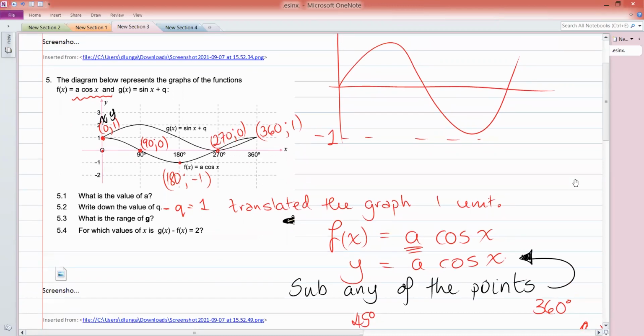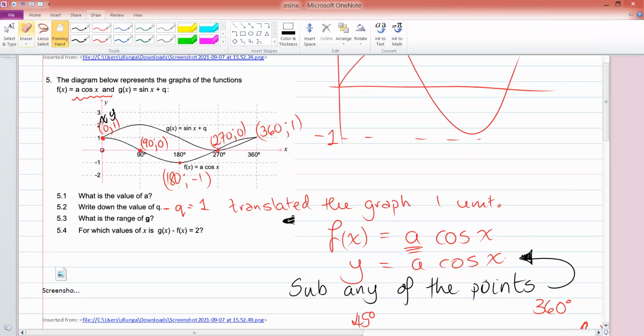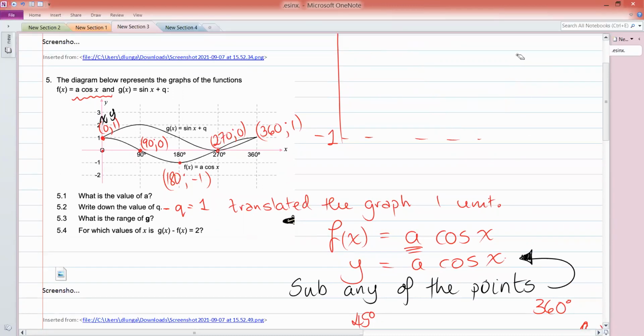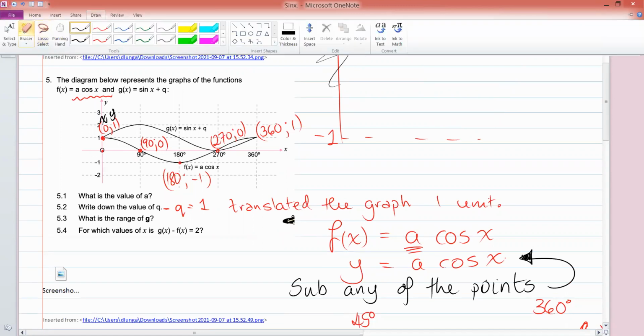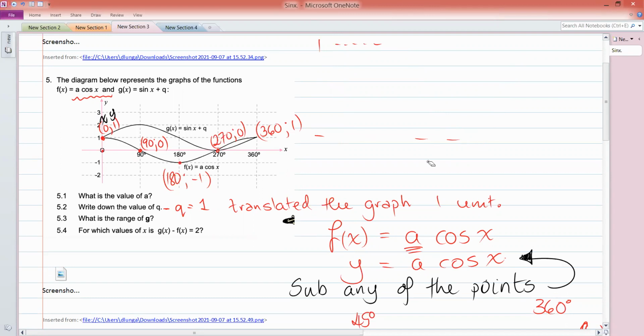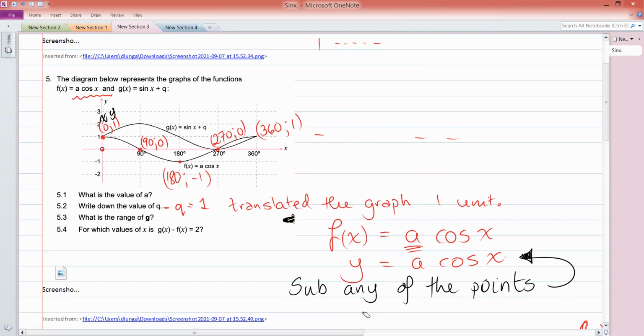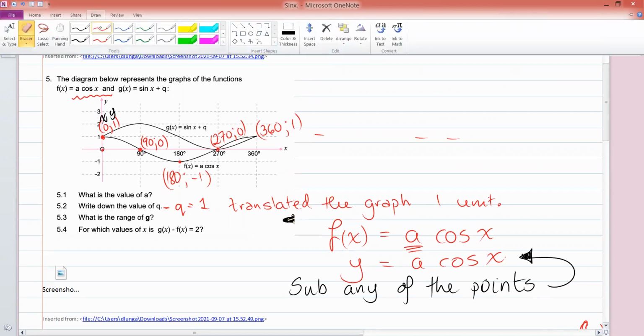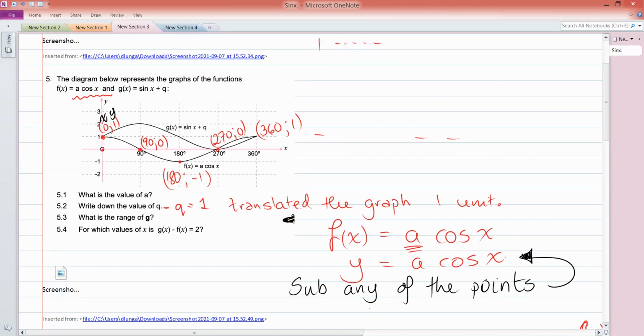So let's go ahead and do that. If I take the first point, which is 0 and 1, and sub it into the equation, when y is 1, a cos 0. So I subbed in the first point, 0 and 1.